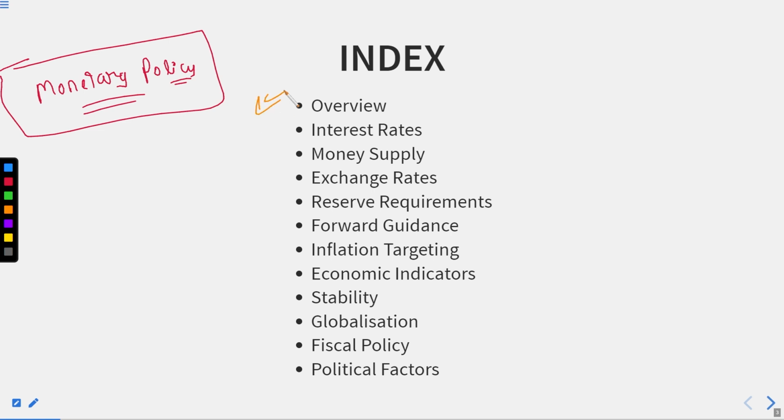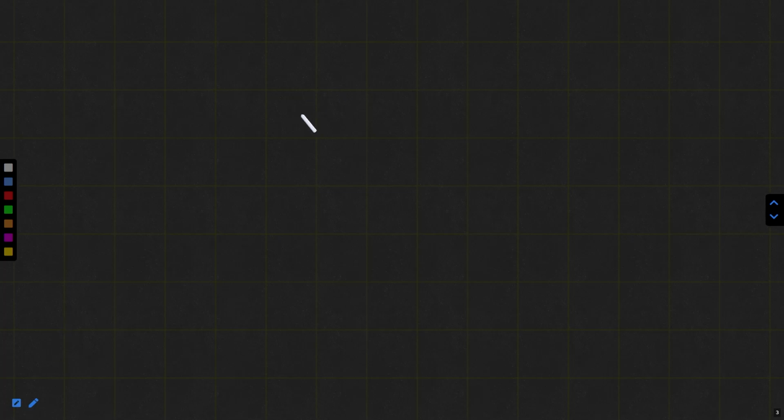We have completed the overview, the interest rates, the money supply and the exchange rates. So we will try to recap before we go ahead.